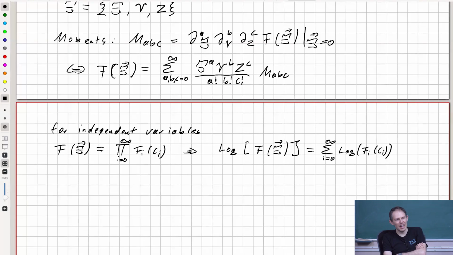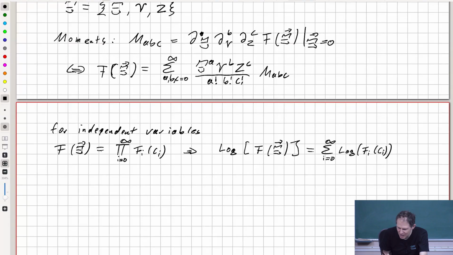And now you can see that if you take the Taylor expansion of the logarithm instead of the function itself, the coefficients thereof are by design independent variables, right?